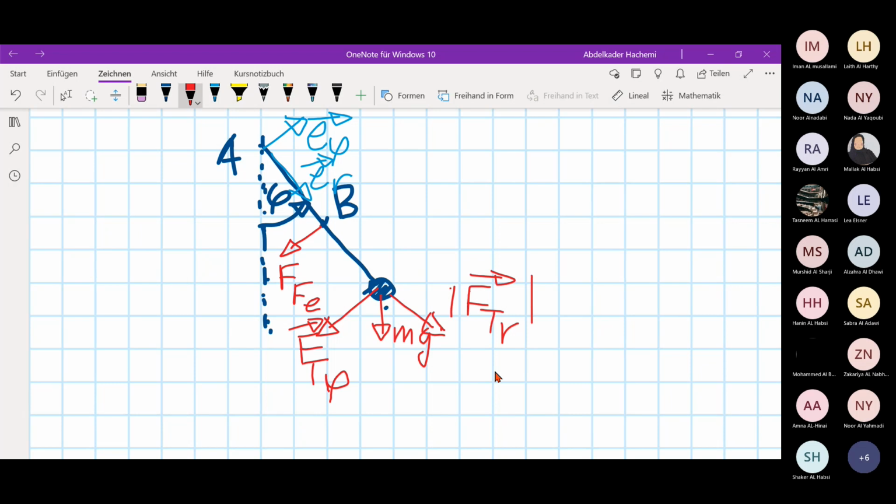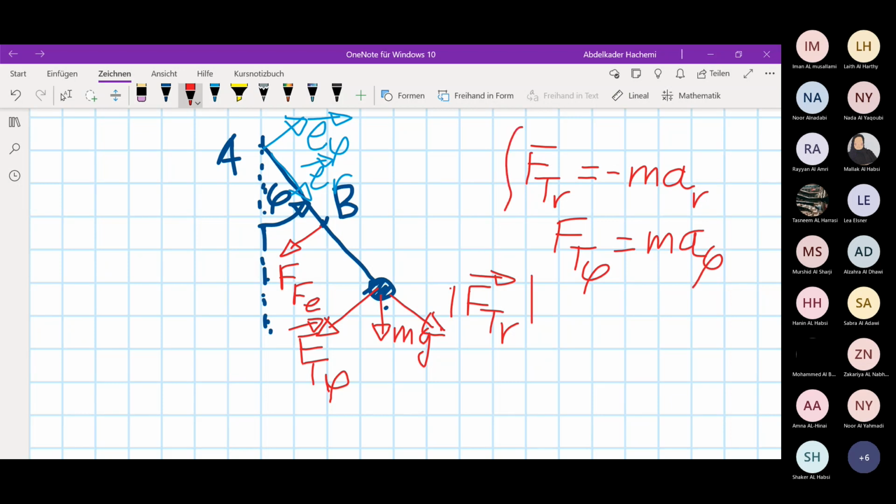That means F_TR is minus m times the acceleration a along the radial direction, and F_T phi will be the mass multiplied by the acceleration a phi.